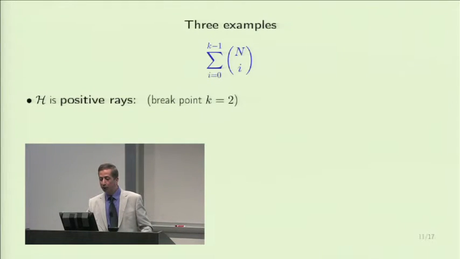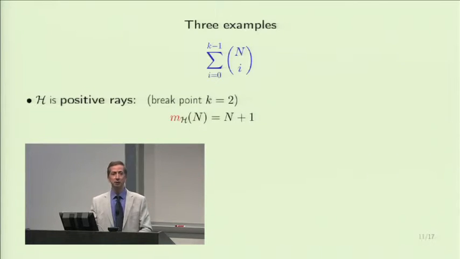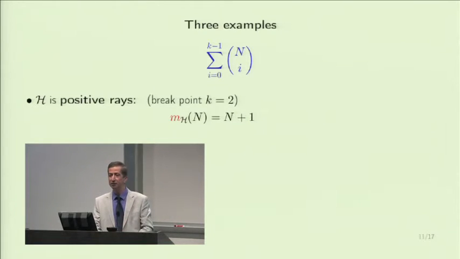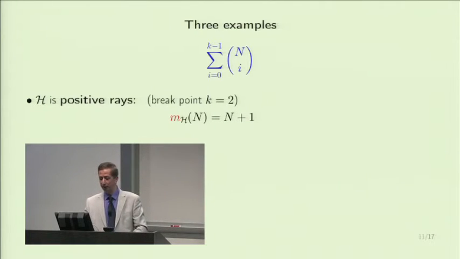Now we did compute the growth function for the positive rays. We did it by brute force. We looked at the patterns and did a combinatorial argument, and we ended up with the growth function being n+1. Let us see if this satisfies the bound. It is supposedly less than or equal to the sum from i equals 0 to k-1 of n choose i, and the breakpoint is k, which is 2.